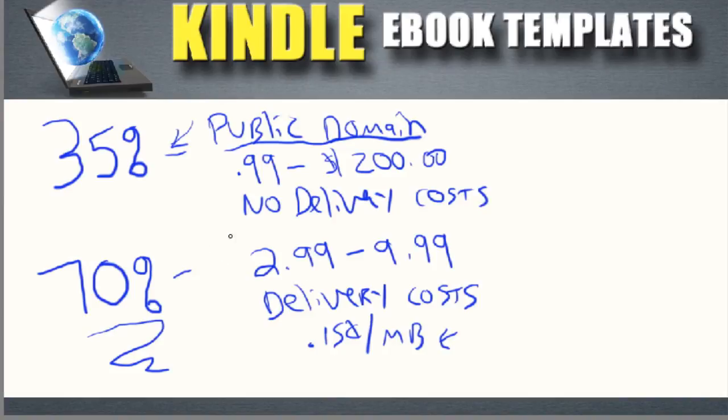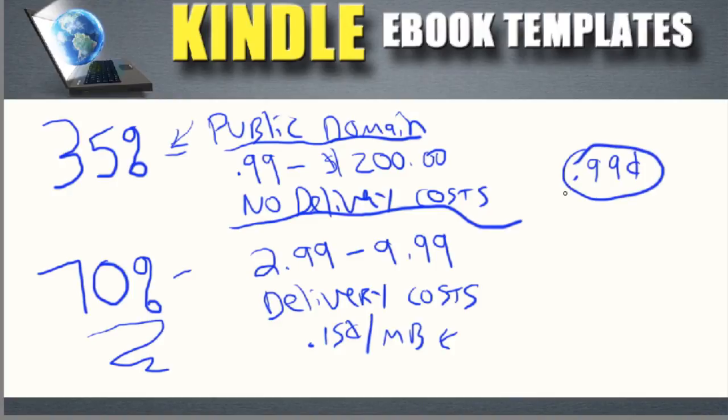Okay, so one thing that I want to point out, the pricing here. A lot of people like to price at least some of their books at 99 cents, for example, because a lot more people will buy your book if it's only 99 cents. So if you price it at 99 cents or even $1.99, it's automatically going to go to the 35% royalty.